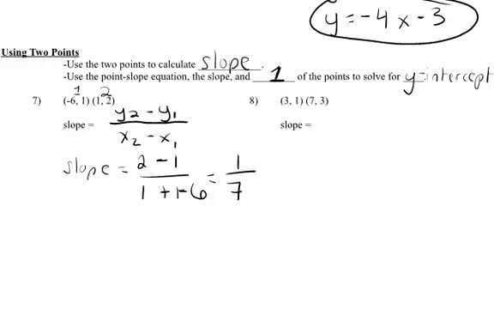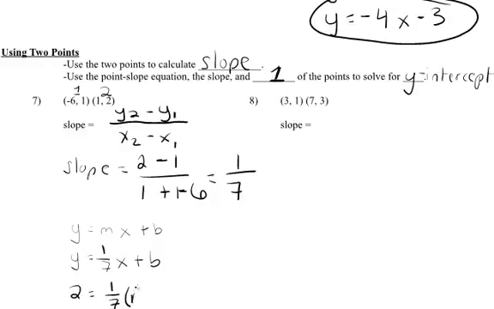Okay, now we use this and one of our points to find our y-intercept. Y equals mx plus b. Y is equal to 1/7x plus b. We know that 2 is a y, that 1/7 is our slope.